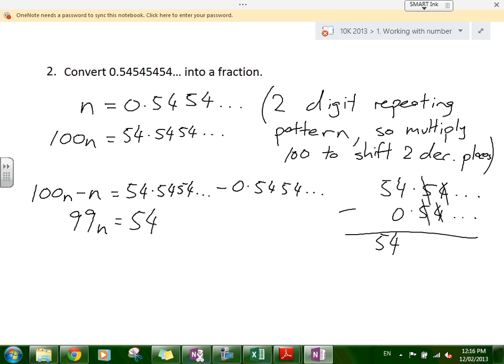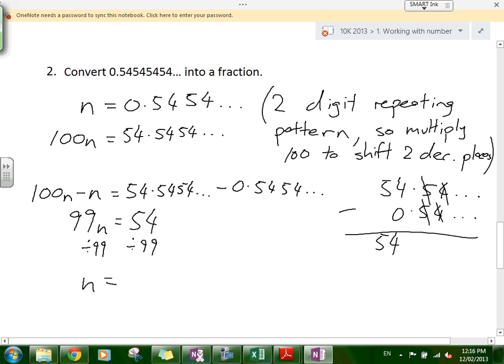Yeah, divide by 99, both sides. So n equals 54 over 99, and this can actually simplify to 6 over 11. Okay, so 0.54 repeater is equal to 6 over 11.